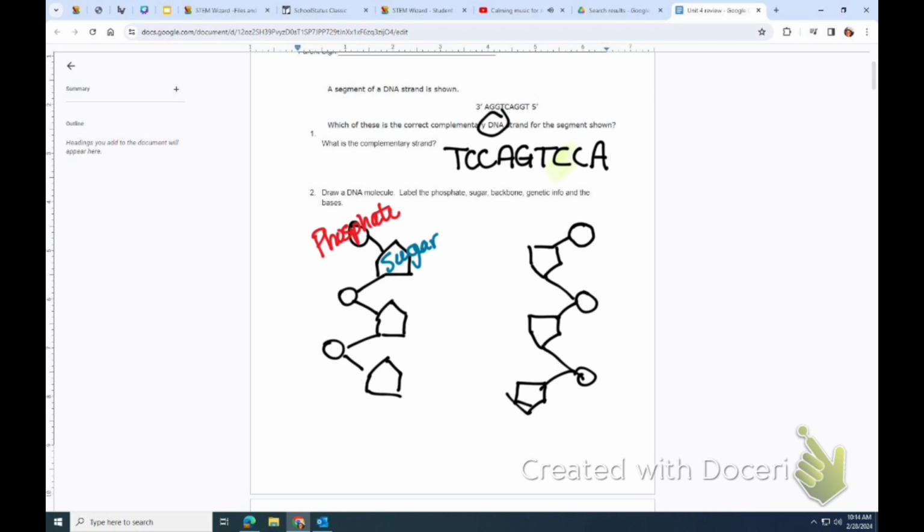Now, if I'm looking at all of this structure and all of that structure, those two things make up what we call our backbone of DNA. There's no genetic information there. That's just the structure, like the skeleton, that holds the genetic information in place.